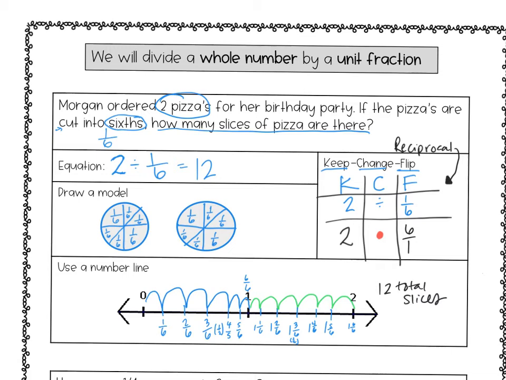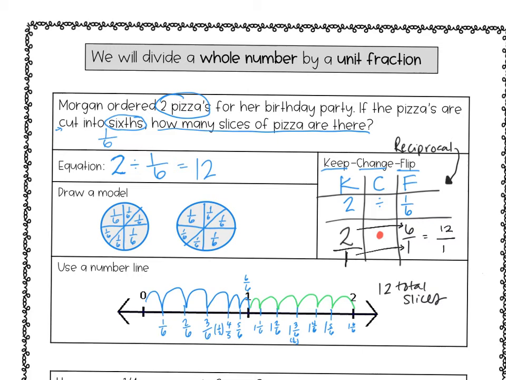And so we have 2 times 6/1. When we have a whole number, what are we supposed to do with it? We're supposed to put it over 1. I hope that's what you said. So we have 2/1 times 6/1. And then we multiply straight across. So we have 2 times 6, which equals 12, and 1 times 1, which equals 1.